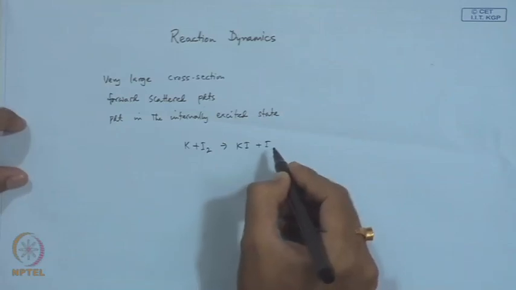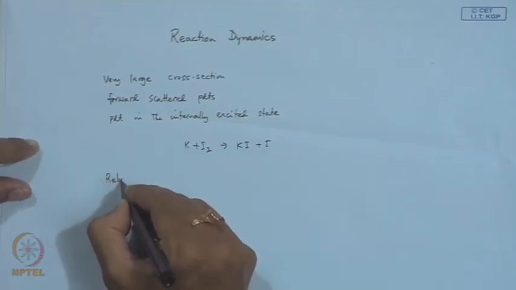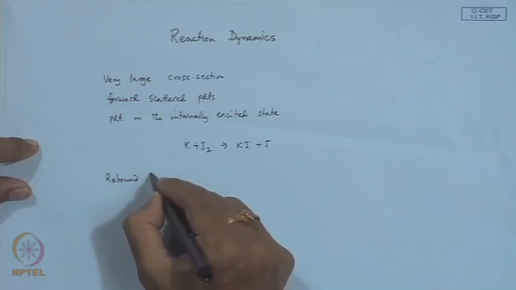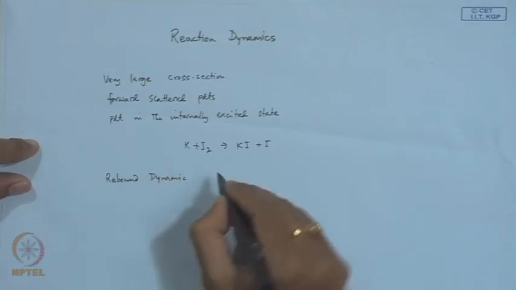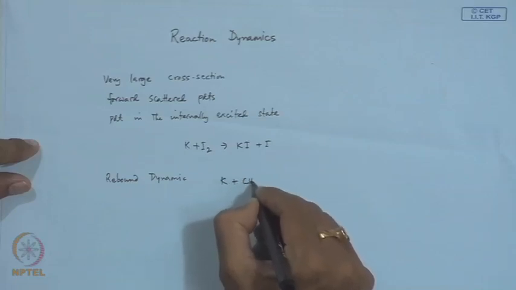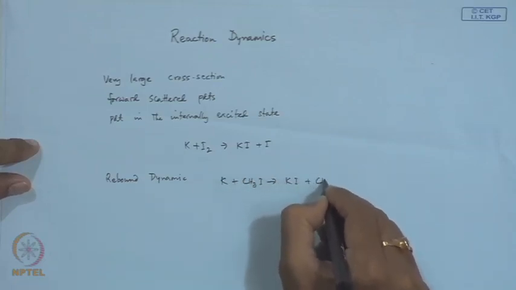Next we talked about the rebound dynamics, and we have taken the example of K plus CH3I giving rise to KI plus CH3.